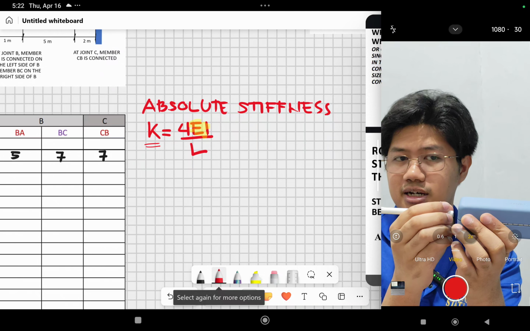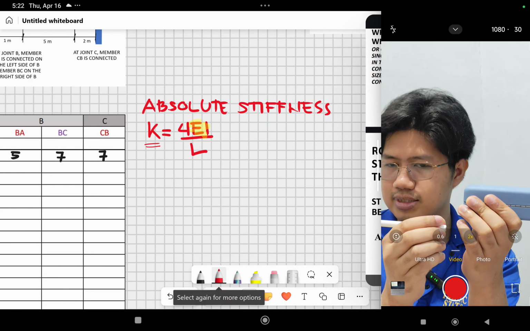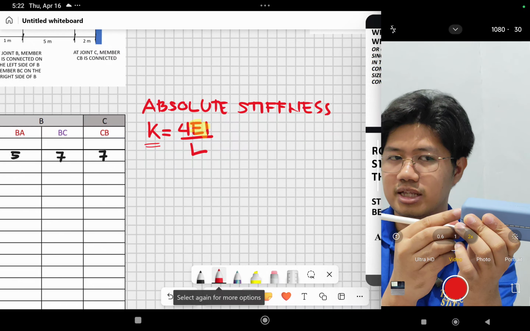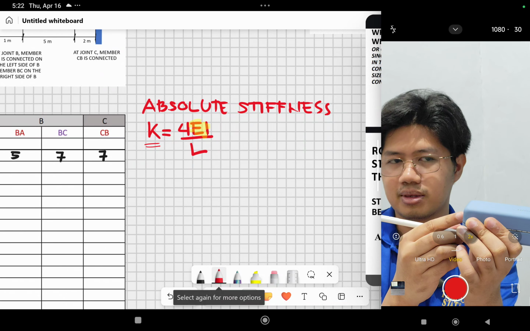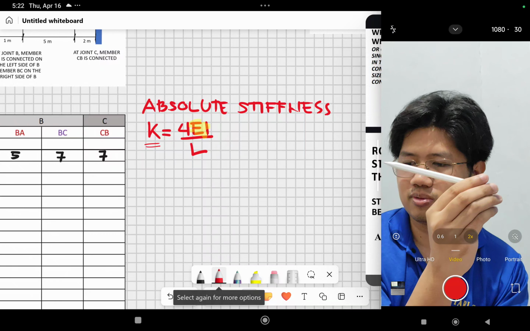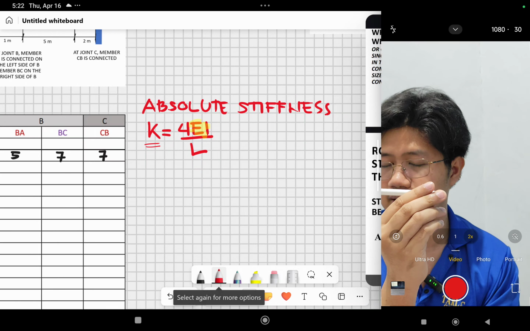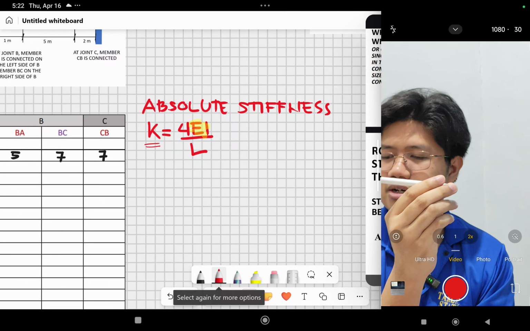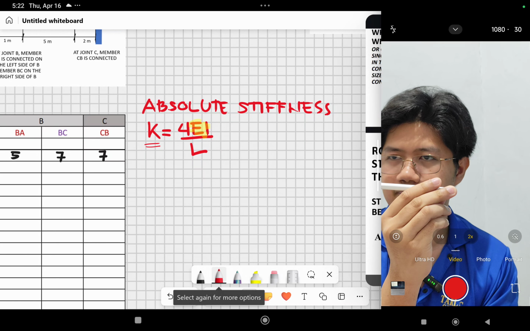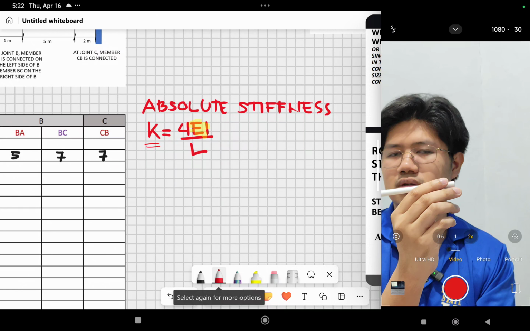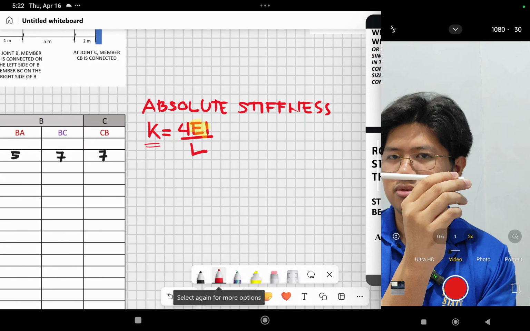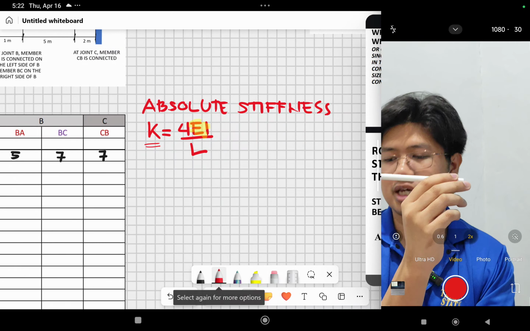Because it has a stronger material, that is E, and it has a bigger section, so it has a bigger I. This pen has less stiffness because it has less E, meaning a weaker material is used, and I is smaller, or its moment of inertia is smaller because its section is small.